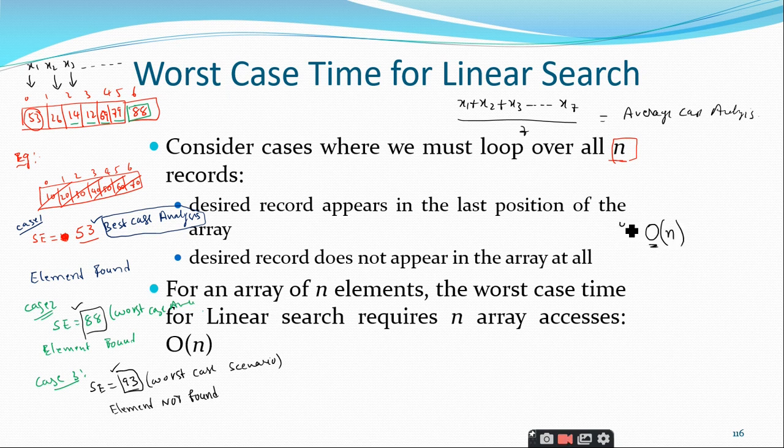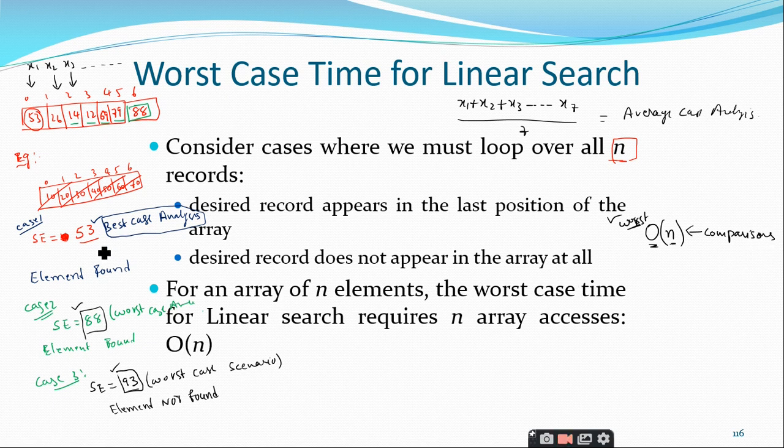This is a notation for worst case analysis. We will make use of big O notation to represent the worst case scenario. So big O of n, where n represents the number of elements in the given list. So this n is nothing but how many comparisons you are making here.